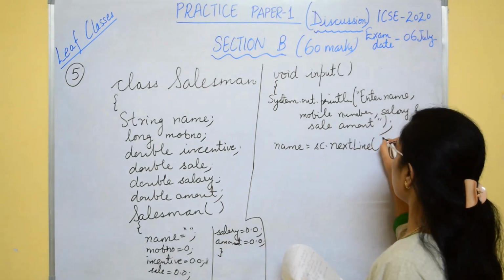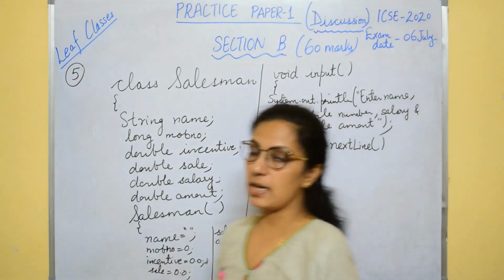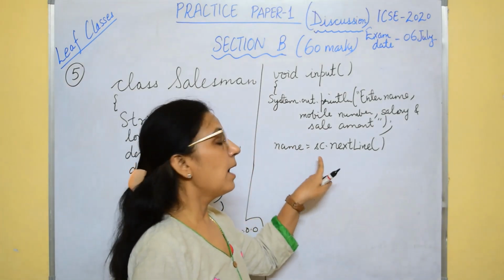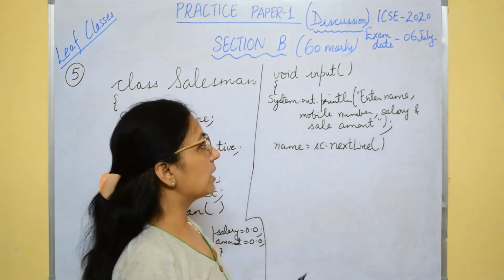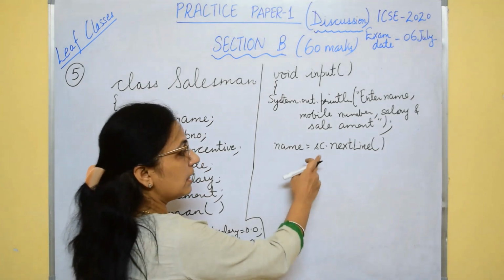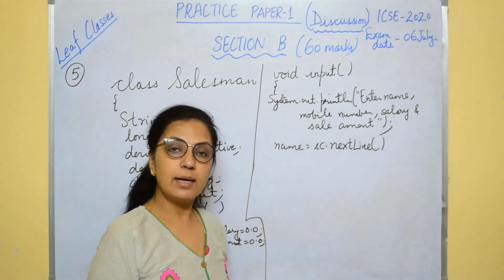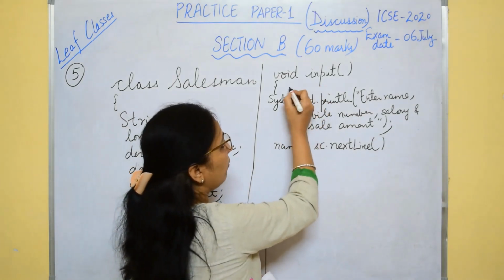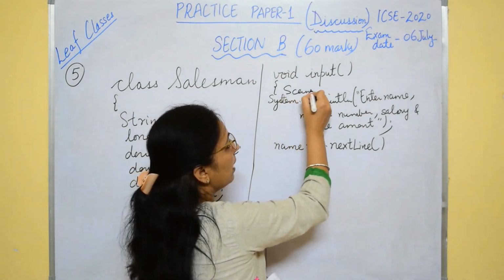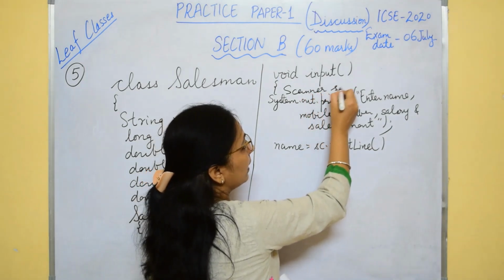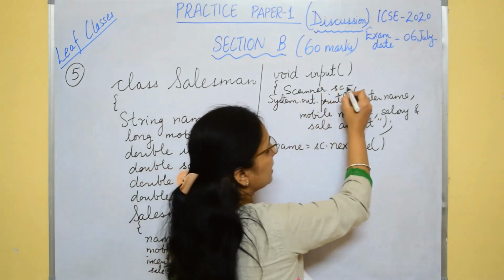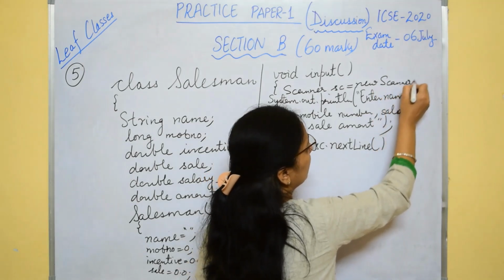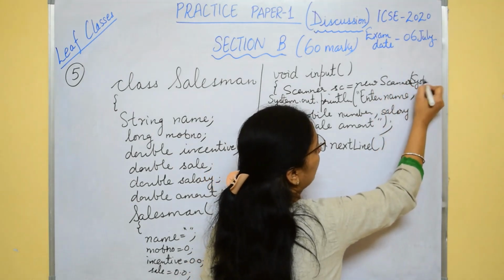Now I am using this object here, and I have not created any object in the function till now. So sc is normally used for the object of the Scanner class. In the function where you are using this object, there you can create the object: Scanner sc equals to new Scanner(System.in).